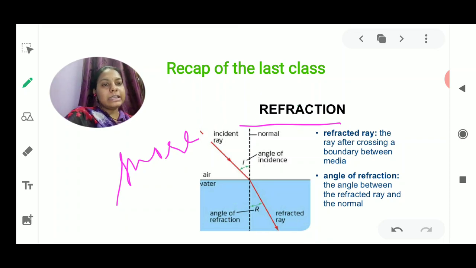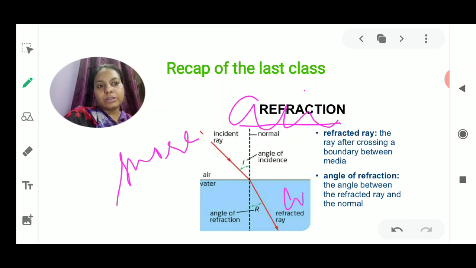In this case there are two mediums. The first medium you can see here is air, and the second medium is water.